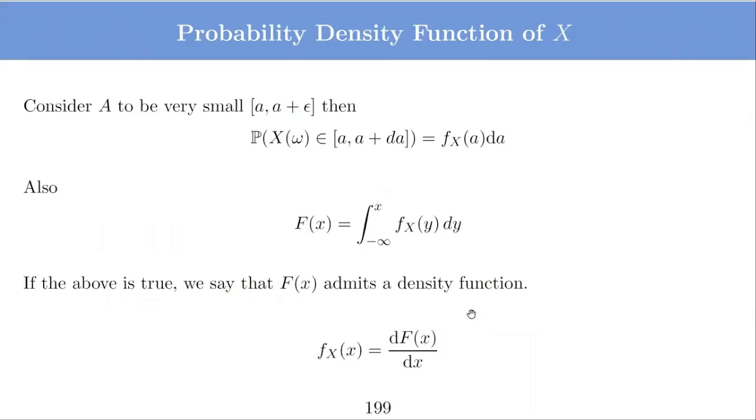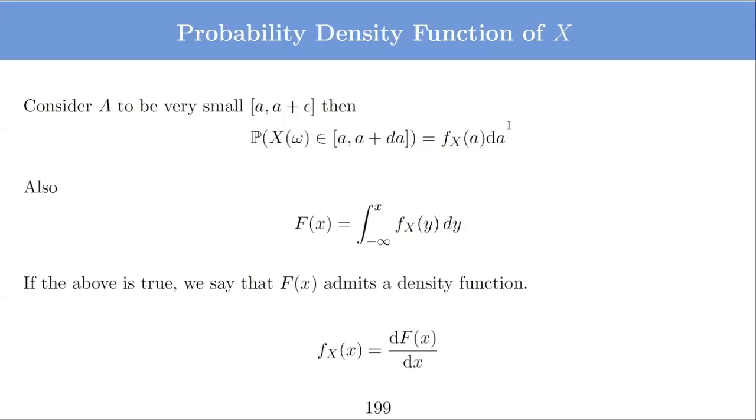Now you can also understand that if A is very small, (a, a plus epsilon), then the probability law of that set (a, a plus epsilon) means the probability that X(omega) belongs to that set. Which also, remember, means the probability of all omega which map to a value between a and a plus epsilon. If those outcomes happen, X would be between a and a plus epsilon.